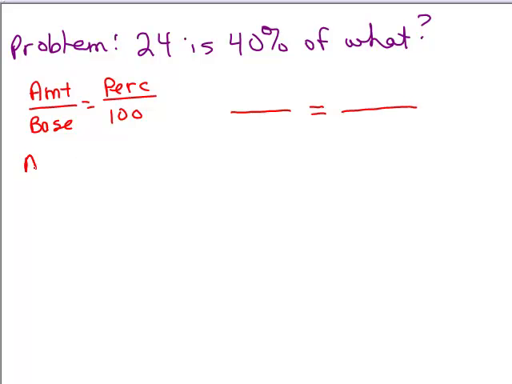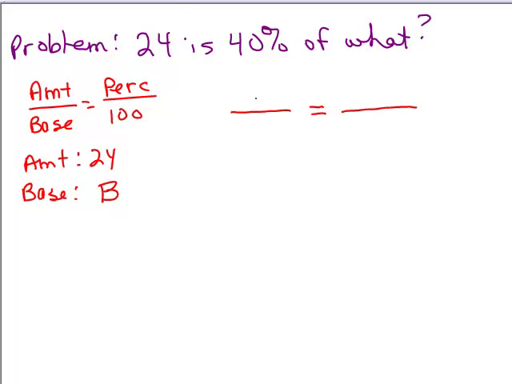If you want, you could say which number is the amount and what am I going to put in for the base? Sometimes it's good to write that down. Look for the word of to find the base. I always look for the base first, and it says of what, so that tells me that's the thing I do not know. So that means the other number, 24, has to be the amount. So that helps me fill this in.